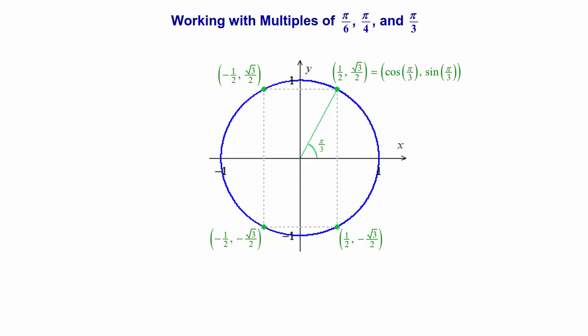Now again, if we can find the angles that specify these points, then we'll know the sine and cosine of those angles, because the coordinates of points on unit circles represent sine and cosine values.